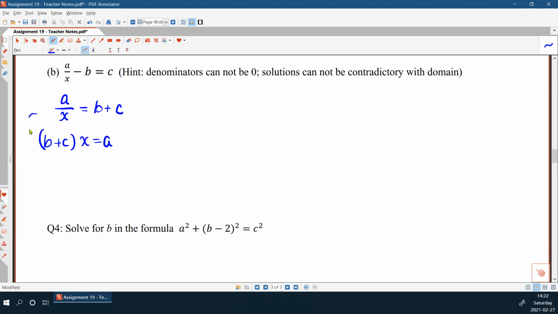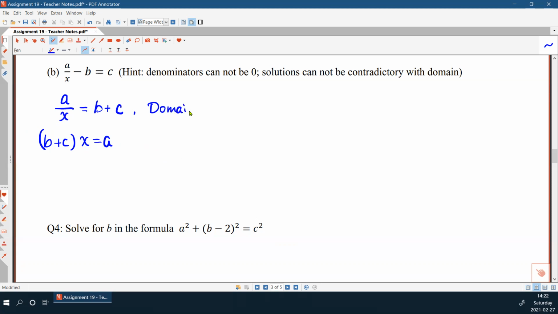But remember, these two are not equivalent because in the second equation, x could be 0, but in this one, x cannot be 0, right? So these two equations are not exactly equivalent. So what's the difference? The difference is you need to specify the domain here.